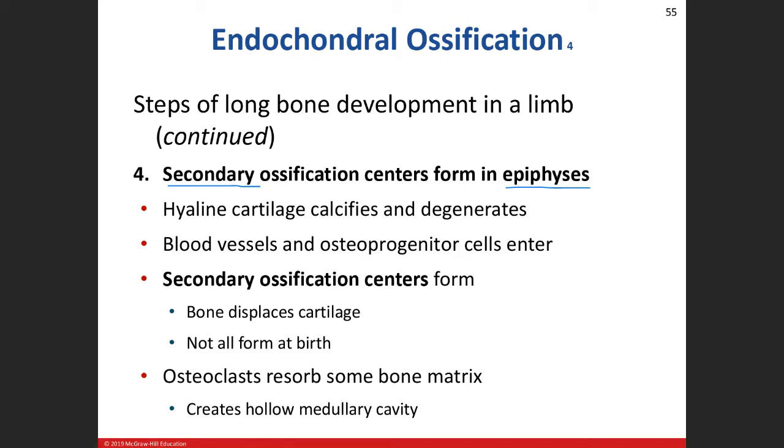Then it degenerates all the cartilage tissue, and what's left behind is going to be bone tissue. That's what's going to occur here. Same type of scenario: blood vessels infiltrate, and we have our bone-forming cells enter into that area.